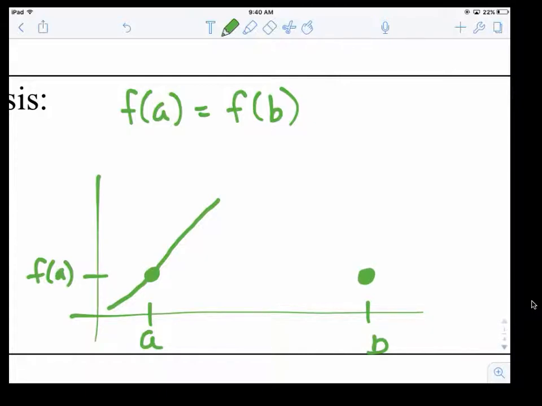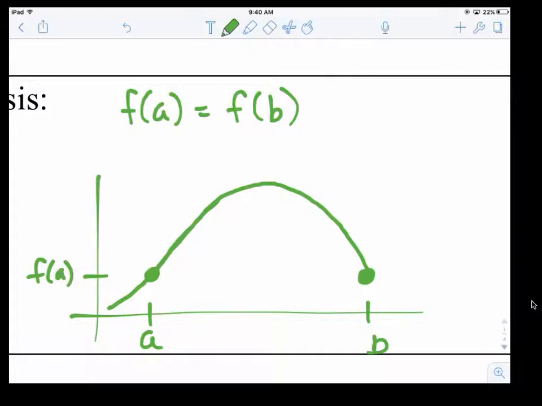So if it originally goes up, but we know eventually it's going to come back down to this point here, it's got to do what eventually? If it's going to go up, it's going to eventually have to start to change direction and then go back down again. So somewhere it has to change direction and then go back down.